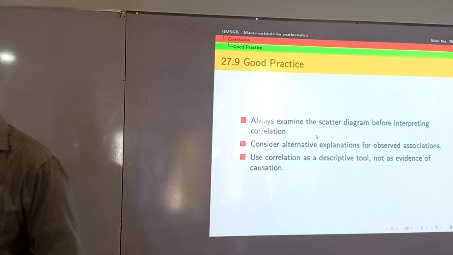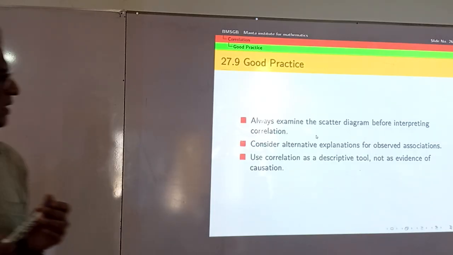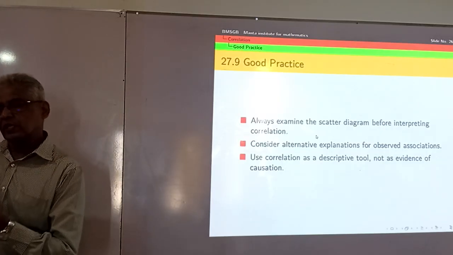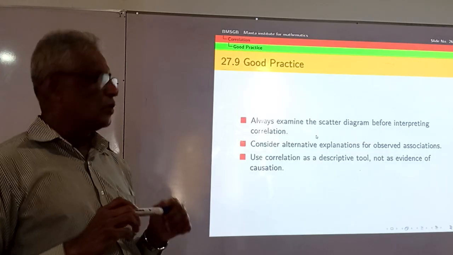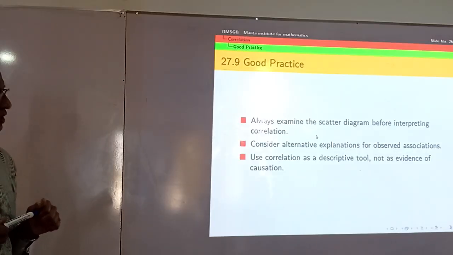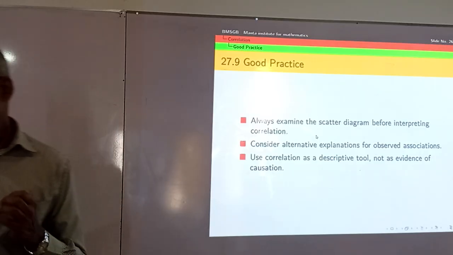Always examine the scatter diagram before interpreting the correlation. Consider alternative explanations for the observed association. Right? So don't try to interpret it as causation at all most of the time, because they are not giving you causation. Sometimes the associations may be real, but sometimes they can be spurious.